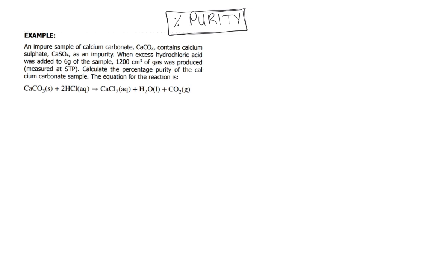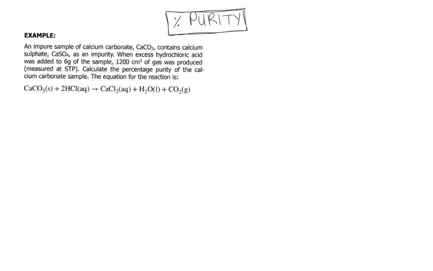And if I react that impure substance with another chemical, let's say for example hydrochloric acid, only the pure component of the substance will react. So let's look at this example.